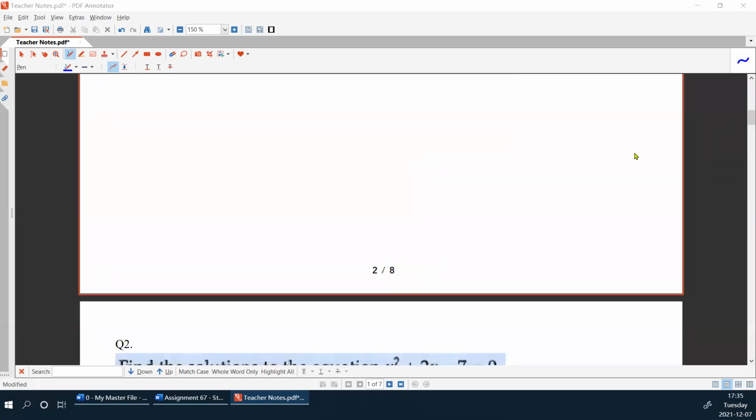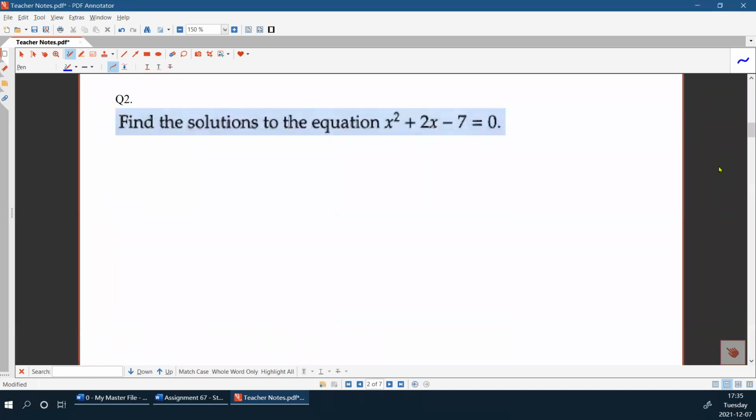All right, let's have a look at question 2. Find the solutions to the equation x squared plus 2x minus 7 is 0. We can find the solutions using the completing the square method. Remember that we have learned the formula here. The squared sum of a and b is a squared plus 2ab plus b squared, right?